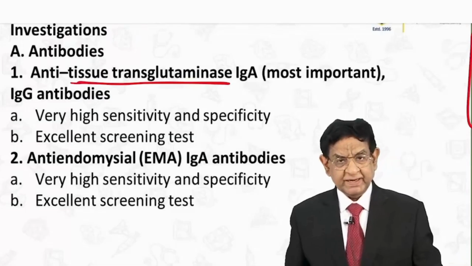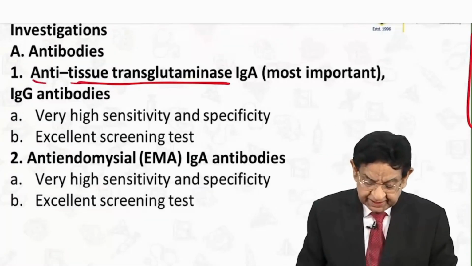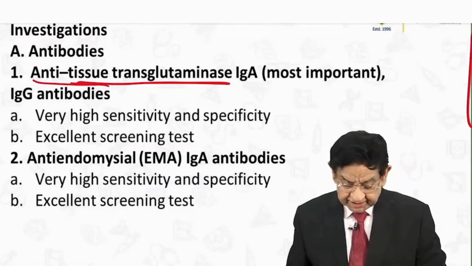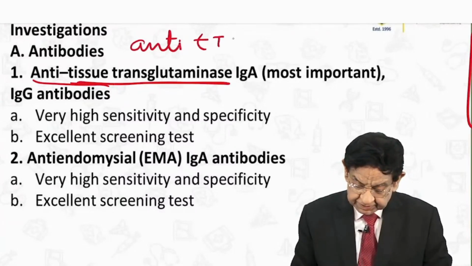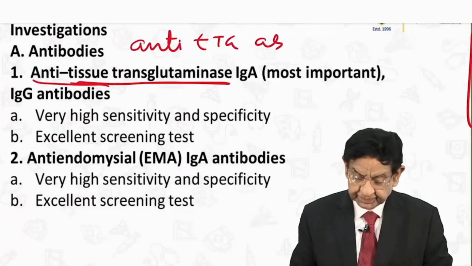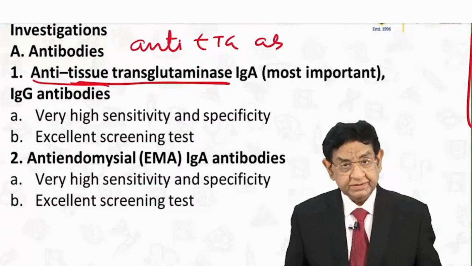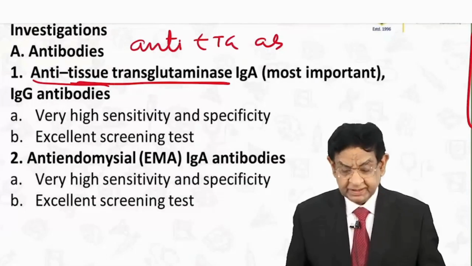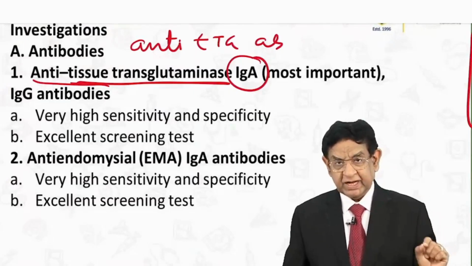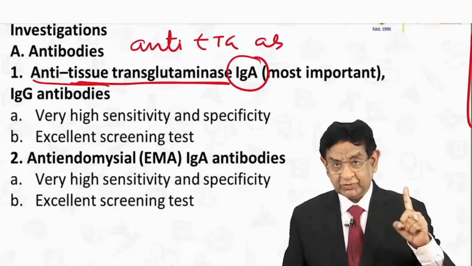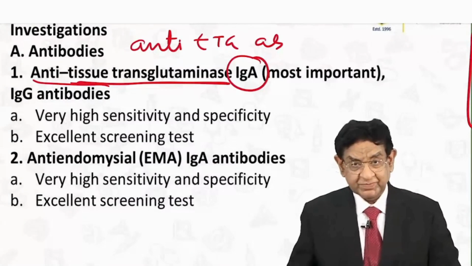And the body develops antibodies, an anti tissue transglutaminase, what we write as anti-TG antibody, right? This is the most important. It is IgA antibodies. Now comes the rank number one question, gold medal question.